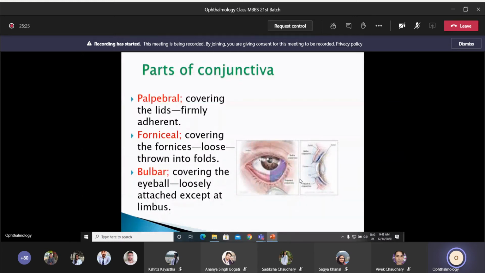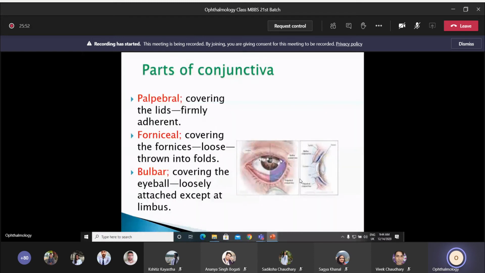When you look at anyone's eye, the white part is the bulbar conjunctiva. It goes and gets attached till the limbus. This is the limbus here, a 360-degree structure, the meeting point of the cornea and sclera. The bulbar conjunctiva is also loose, except at the limbus, where it is attached firmly.